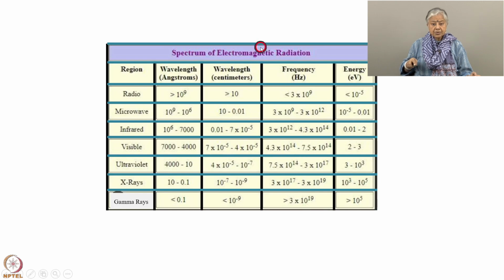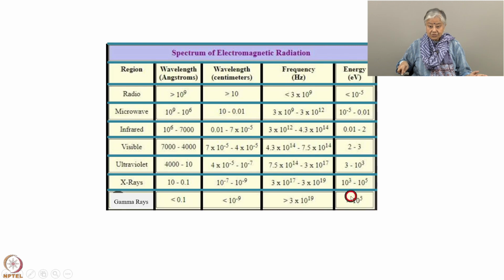So, the spectrum is given in terms of frequency or wavelength or in terms of energy, because h nu is the corpuscular energy of that bit of photon. So, E equals h nu, which I have said in the previous slide.